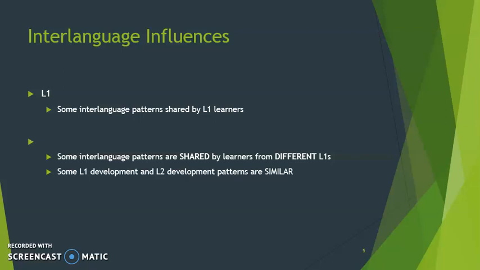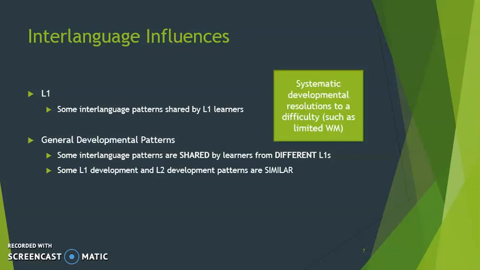So what could be causing that influence on the interlanguage? Well, it could be just general developmental patterns. There could be systematic developmental ways to try to resolve a difficulty when speaking, such as limited working memory, right? We can't pay attention to everything while we're learning, and some things might be dropped.